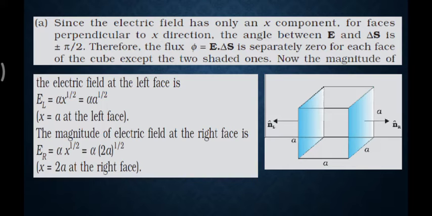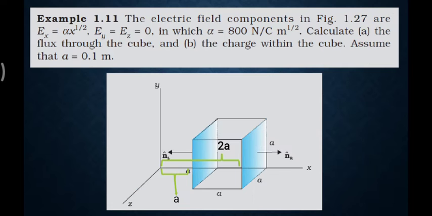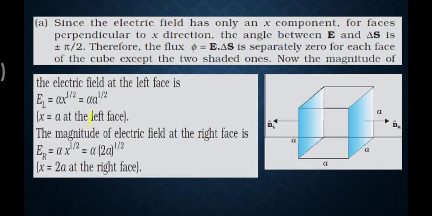Okay, now consider each face of the cube except the two shaded parts which you can see in the figure. Now let us find the magnitude of its electric field. The electric field on the left side is alpha x raised to 1 by 2, as given in the question, where x is the distance. This surface is at a distance a, as I mentioned, so x is replaced by a.